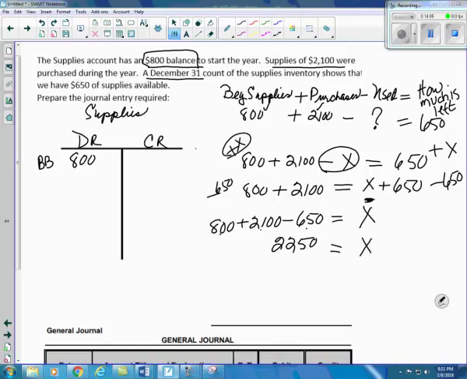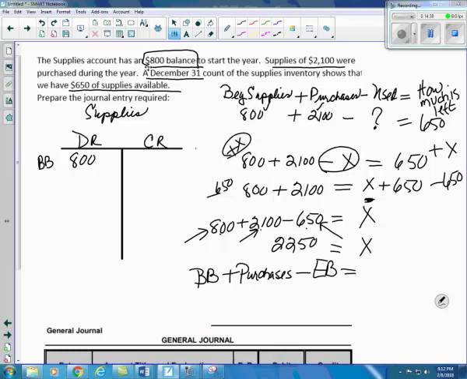Our 800 right here is our beginning balance. I'm going to say that's BB. And our 2,100 right here that we added are our purchases. And then we subtracted 650. The 650 was our ending balance of supplies. So I'm going to say that's EB.